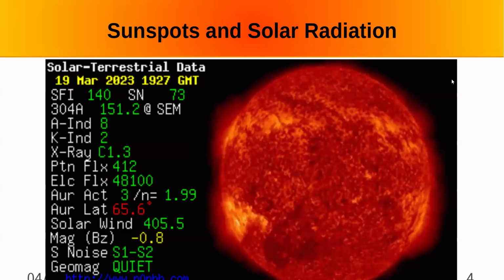Which is good. Is that a serial number? SN? A sunspot number of sunspots. Oh, and the other one's the solar flare index. Okay. What's the index scale? Like, what's the range you see?